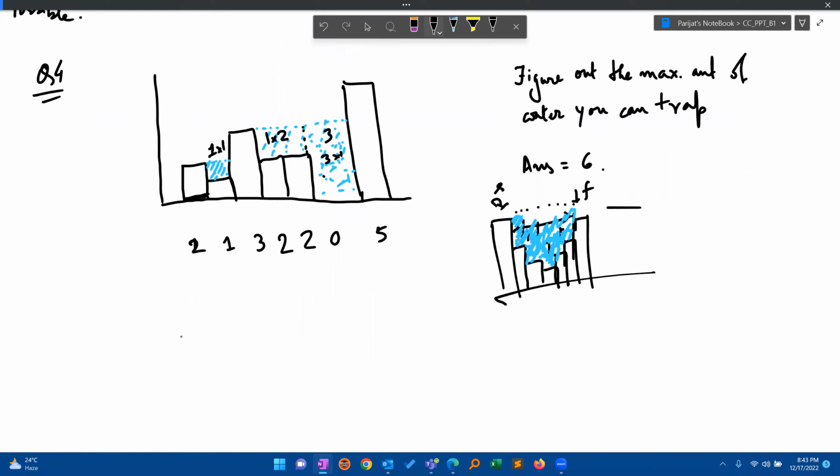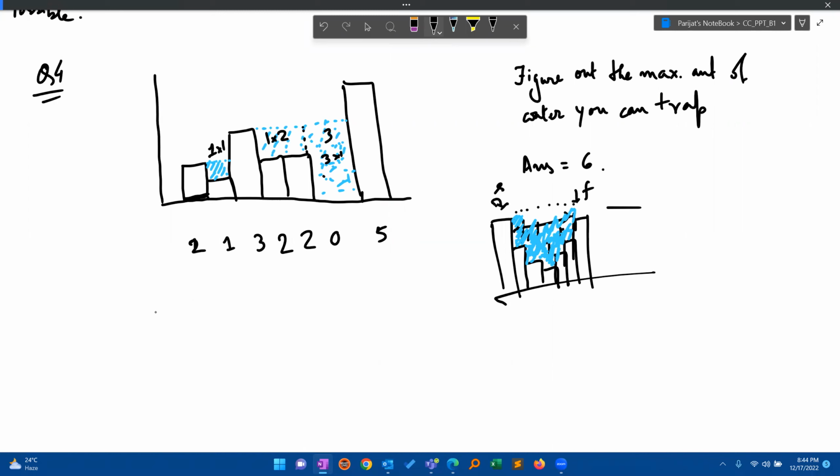The thought process is correct, but how can we simplify it a bit? So I'll simplify the problem a bit. Simplify meaning I'll reduce the array size a bit.